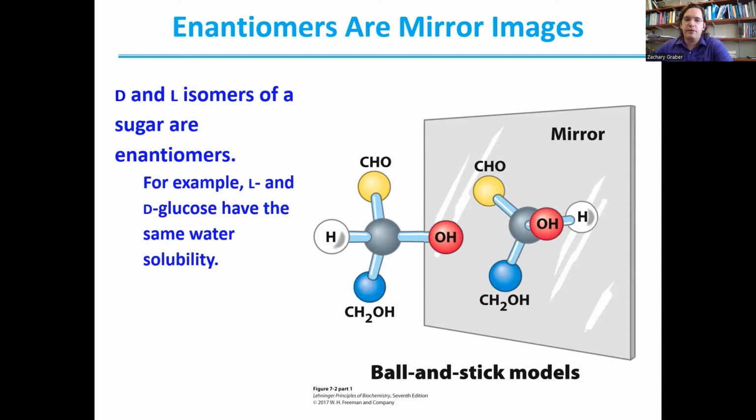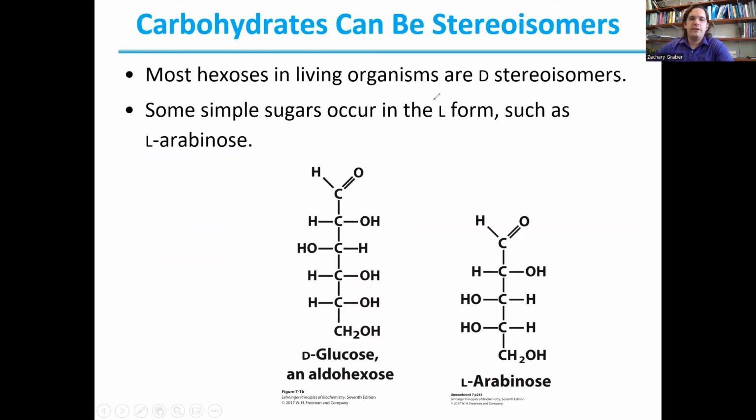So L-glucose was actually proposed as a diet sugar at one point in time. It ended up being too expensive to synthesize, but it is effective as a sweetener without actually providing that extra calorie intake. One of the reasons why L-glucose was so expensive and failed as a diet sweetener is because most of our hexoses in living organisms are found as the D stereoisomers, right?